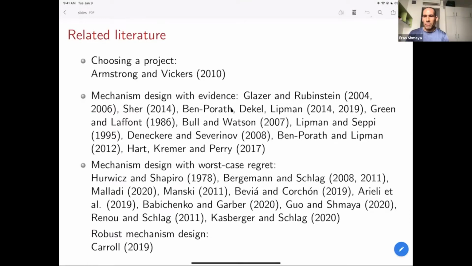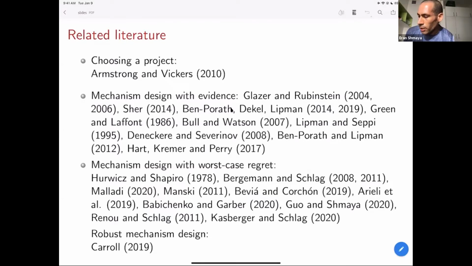So this is the paper that is most related to us, the paper by Armstrong and Vickers. While we wrote this paper, we noticed also a very strong relation to the literature on mechanism design with evidence. This will not pop up so much in my talk, but if you go to Yingni's talk next week, you will hear more about it.